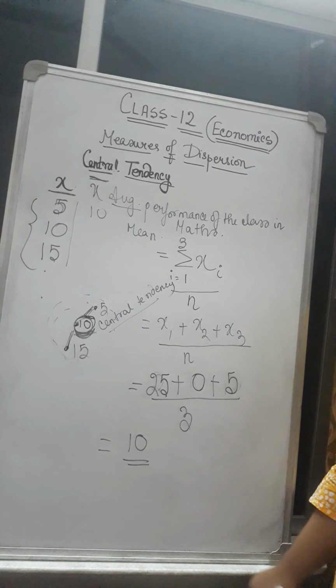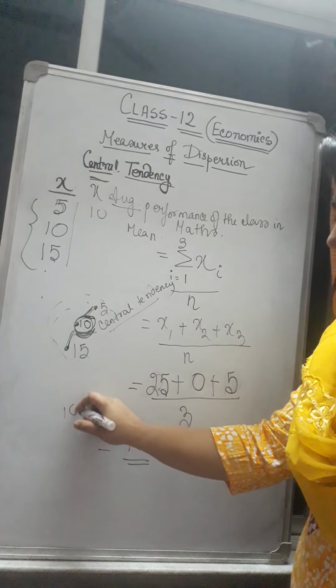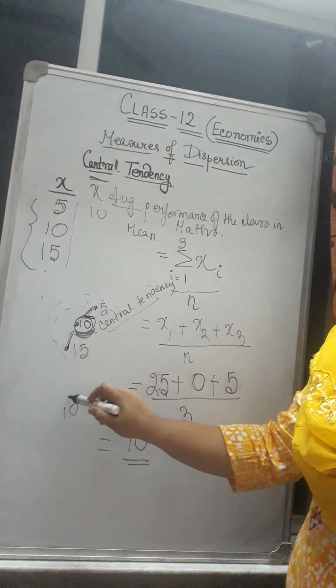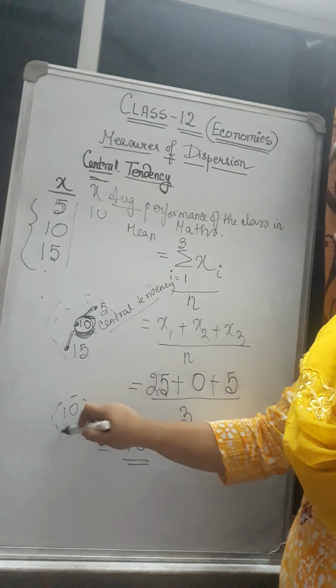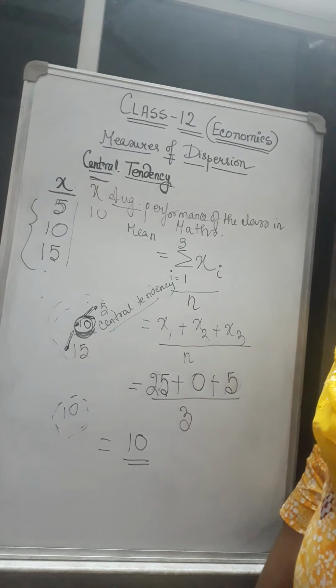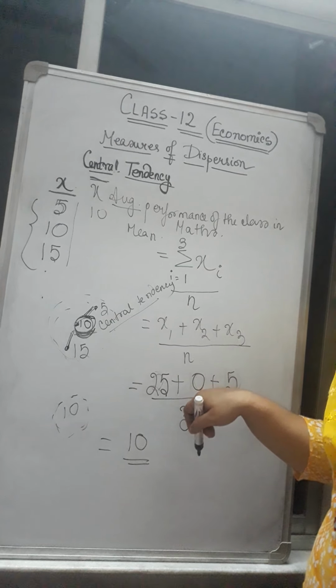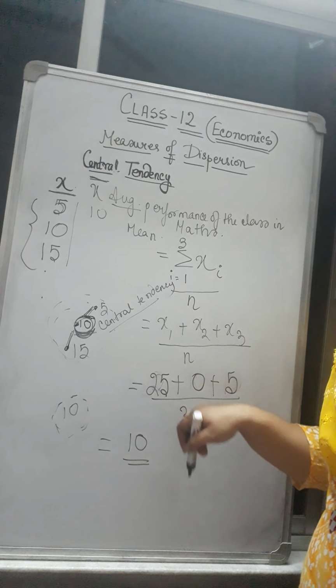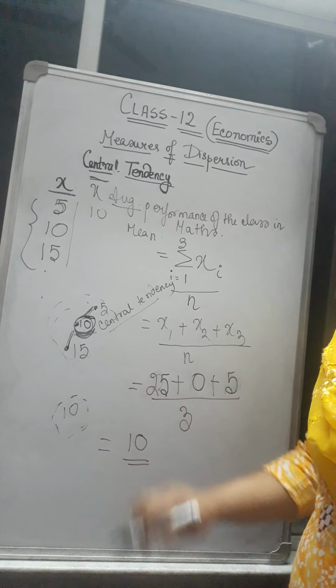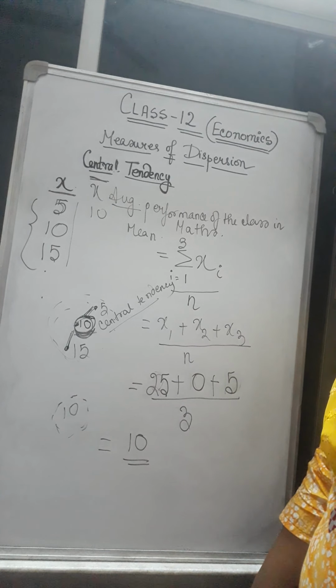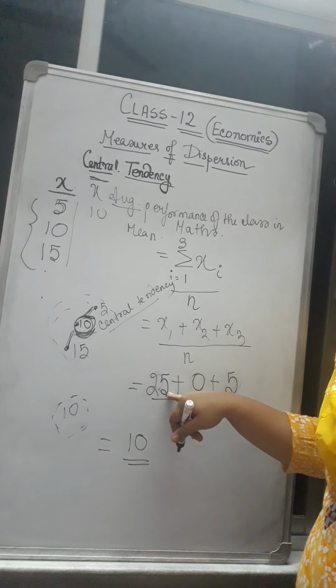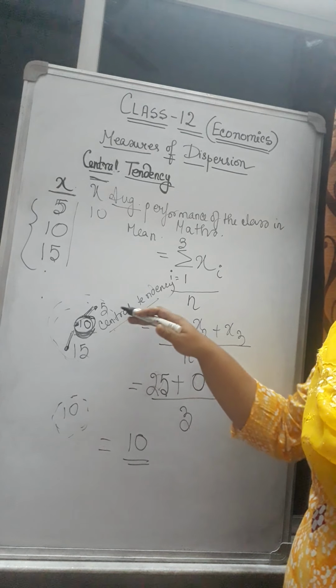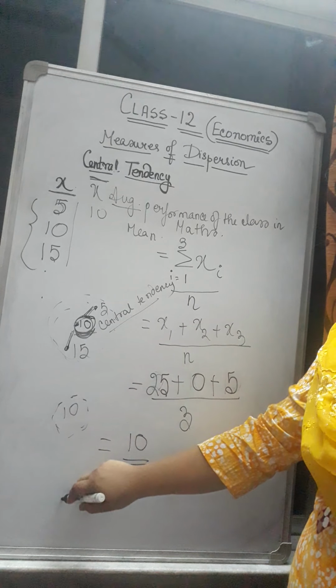So it shows average is the central most value. It shows that more or less all the students' marks lie around this 10. But do you think the person who is getting 0, his marks are lying nearer to 10? No. The person who is getting 25, that is also very far away from 10.